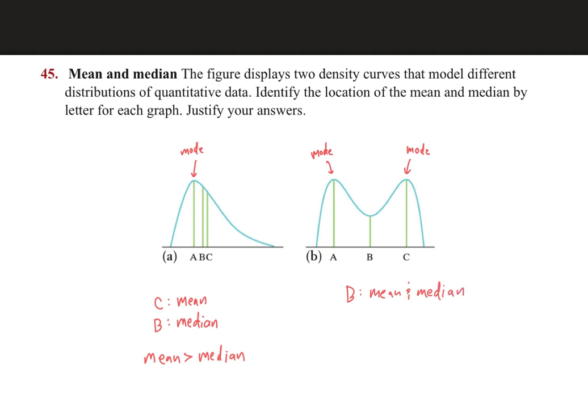And that's true for any symmetric distribution, because this distribution is symmetric. And the other one, it's because the distribution is skewed right.